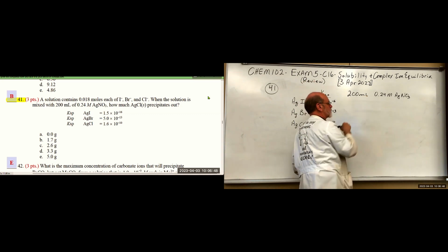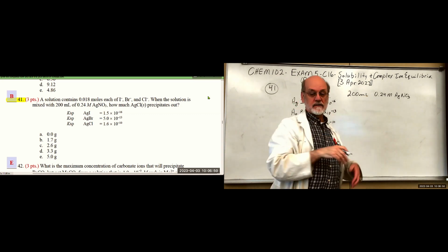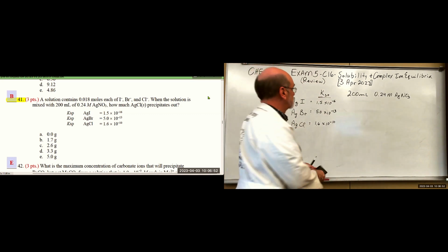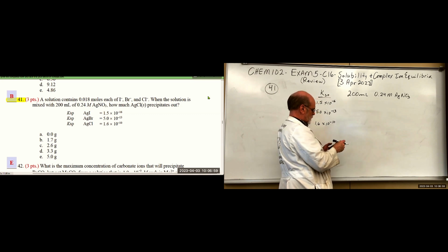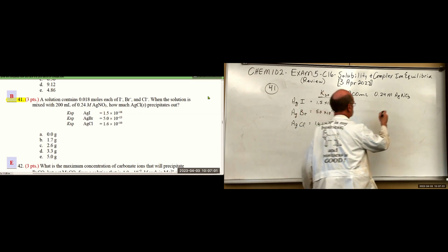Okay, so how much silver is that? Well, 200 times 0.24 would be millimoles. We're starting out with 48 millimoles.